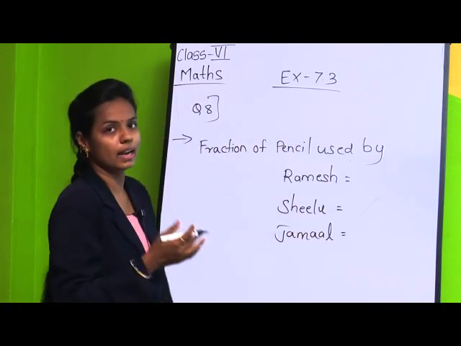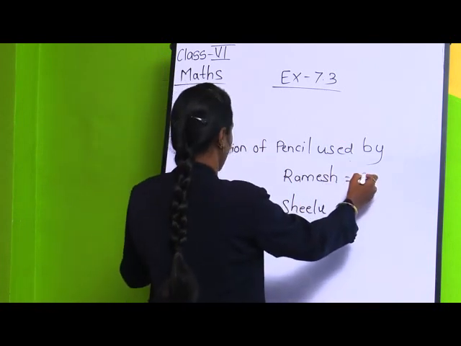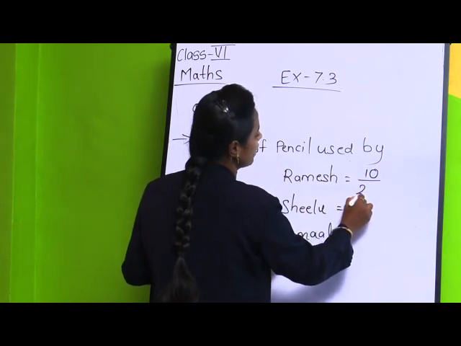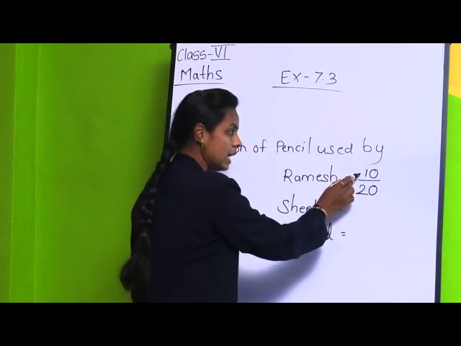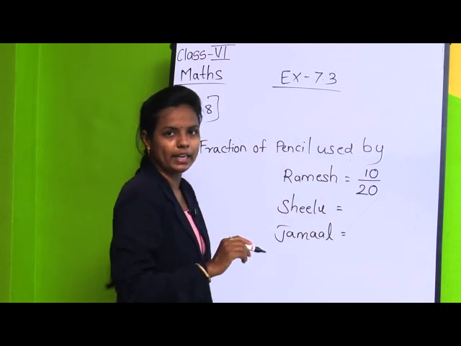So here are the 3 students. Ramesh has used 10 pencils and the total pencils he had was 20. 10 pencils he has used in 4 months, but earlier he had 20 pencils.